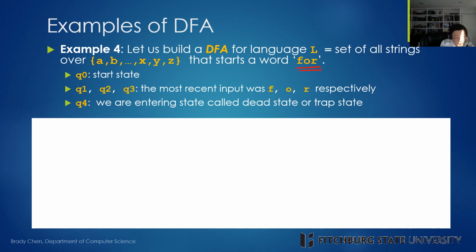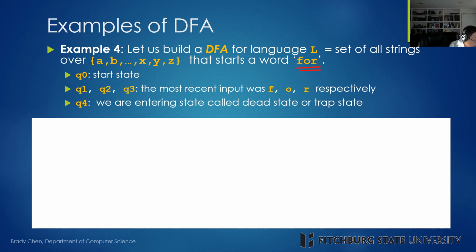Now, how can we build this finite automata? It sounds scary, right? Because the set of symbols contains 26 characters. But we want to build a string that can start with the word FOR. Okay. Now, how can we do this?